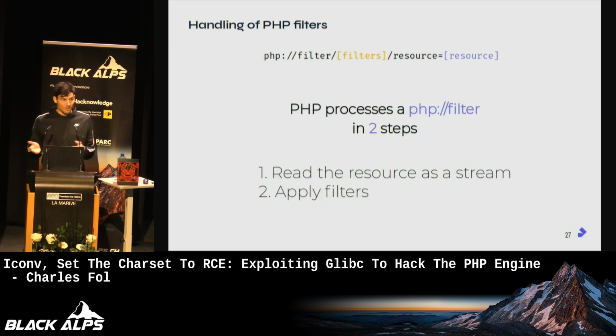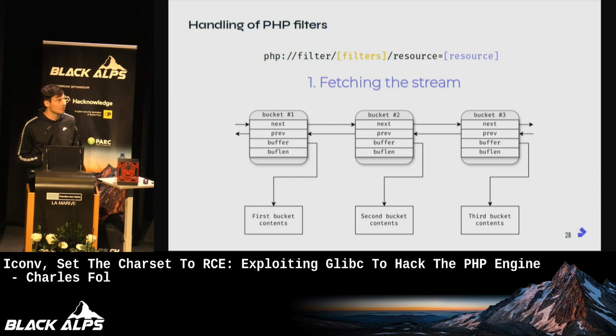But now we have a better idea of how the heap works, so we can actually have a look at PHP filter. It works really simply as well. It will first read the resource as a stream and then apply the filters onto it one by one. To read the resource as a stream, it will parse it into a structure called a bucket brigade. A bucket brigade is a collection of buckets, and each bucket can store a buffer of some size.